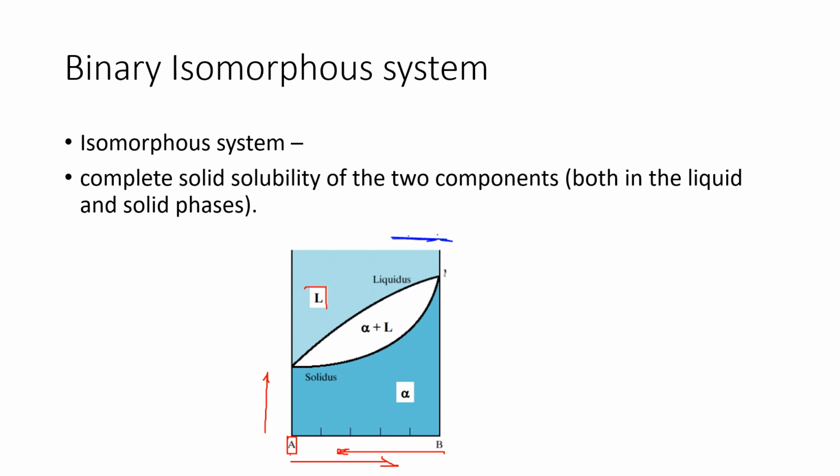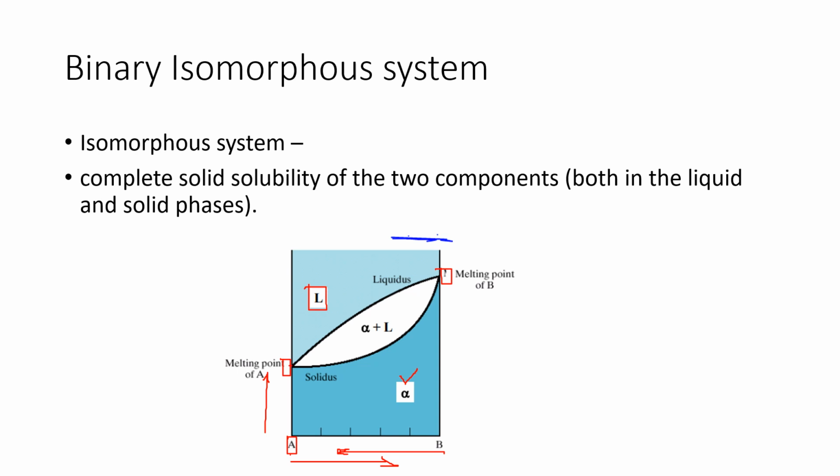L is the complete liquidus solution. L stands for the liquid, while alpha stands for the solid solution. The melting point of A is here, and this point is the melting point of B. Suppose we add heat to solution A, it is solid until the melting point of A is reached.